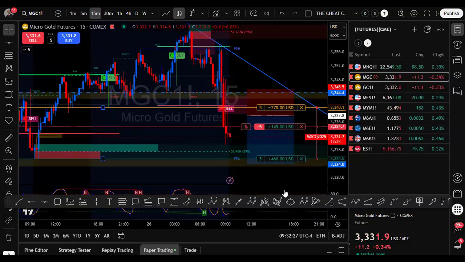Something tells me that they want to get the rest of that liquidity down at the bottom. Yeah, they want to get the rest of the liquidity down at this bottom here.